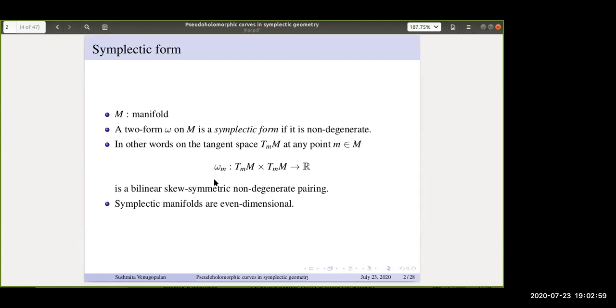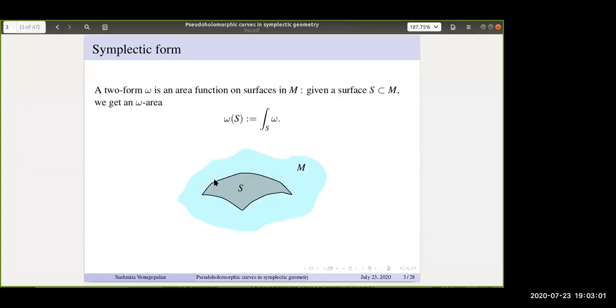And if you think about it geometrically, the picture for a two-form is that it can take as input a surface embedded or immersed in your manifold and output its area. I call it an omega area because it's not any kind of honest area, as you will see. So if you have a surface, you can integrate a two-form over the surface and you get a number.